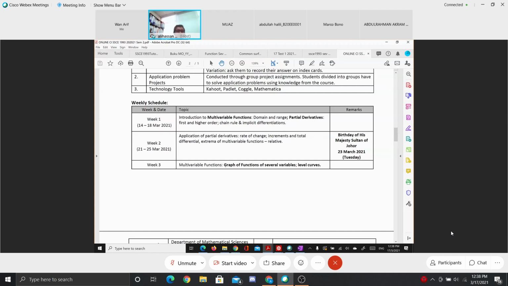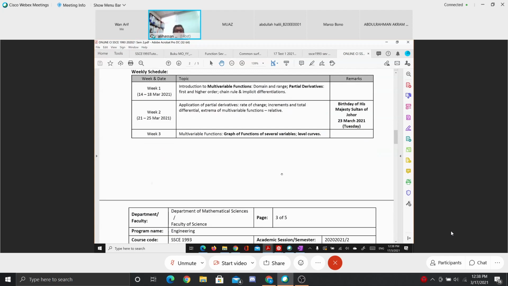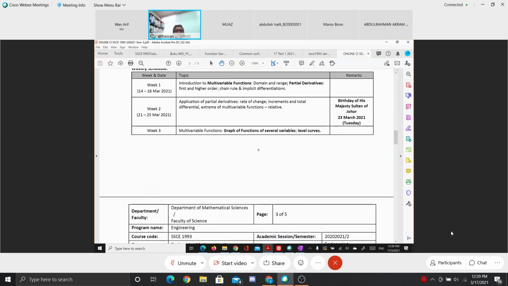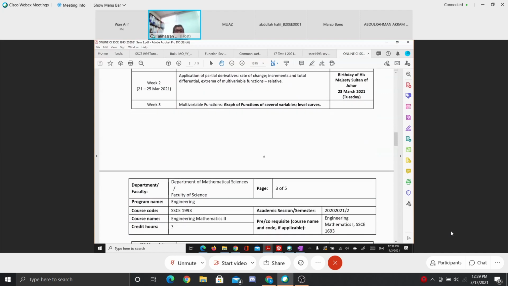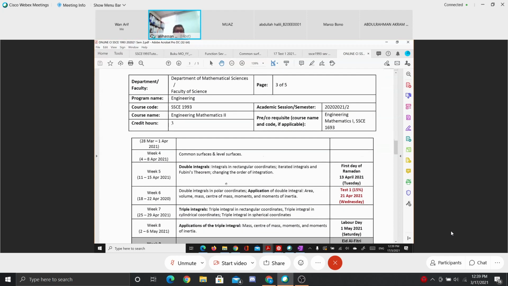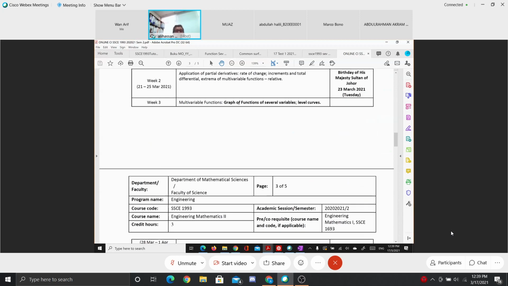I went straight to graphing of functions of several variables. I think it is better for me to do it this way. So I will discuss partial derivatives next week. I want to finish this topic on graphing of functions of several variables first.